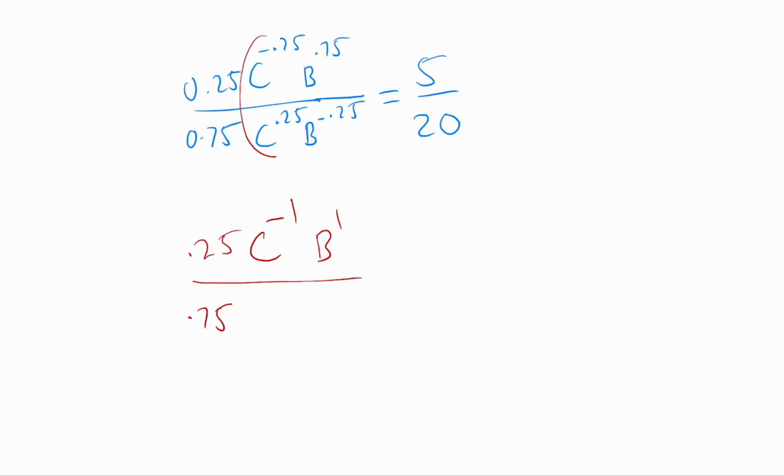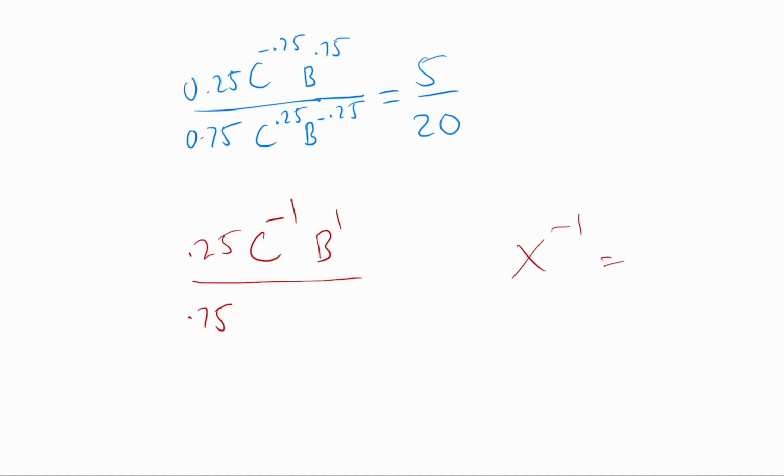So long story short, looking at the c's and the b's, if you just take the top minus the bottom as far as exponents go, you get negative 1 for the c and positive 1 for the b. And for the c, you could think of this as the c being on the denominator, because x to the negative 1 in general is just 1 over x.